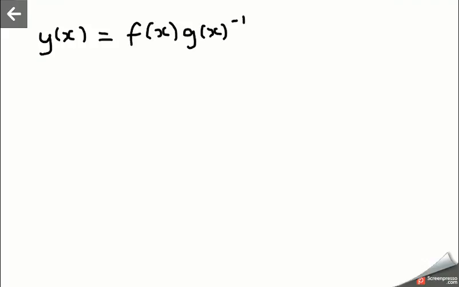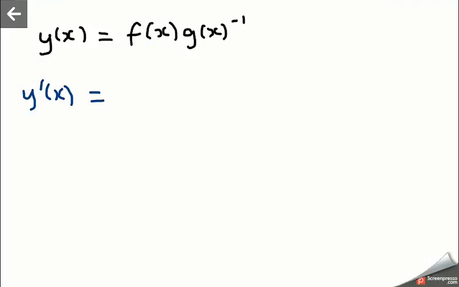We have that y of x equals f of x times g of x to the negative 1. The product rule says that y prime of x is equal to, first we differentiate this thing and leave the other one alone.